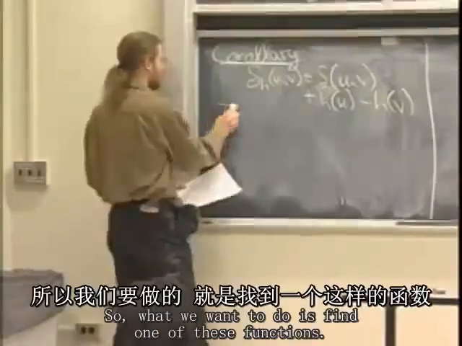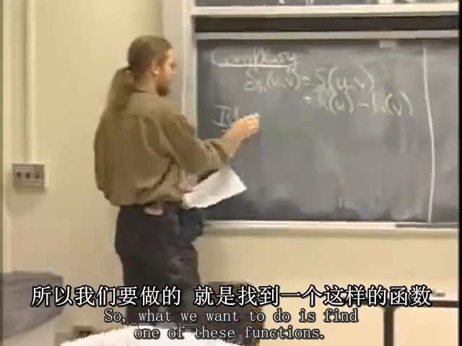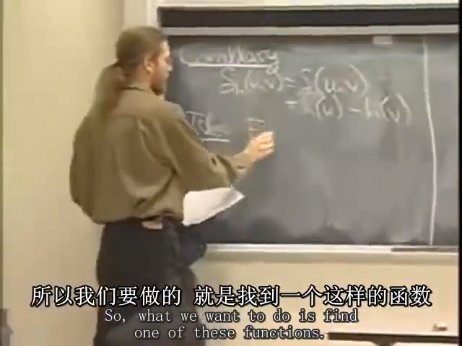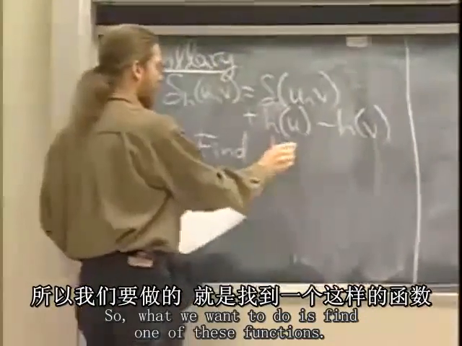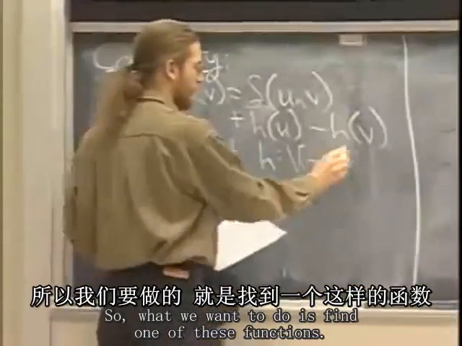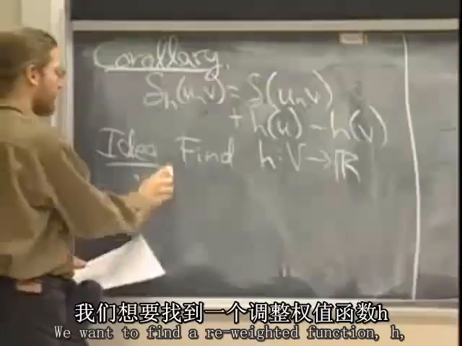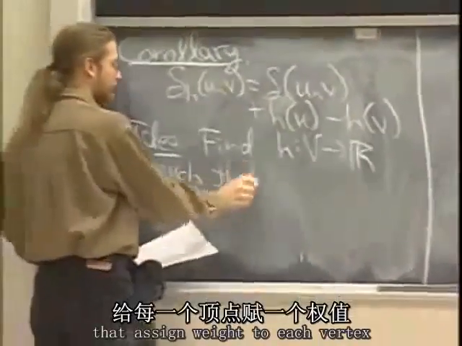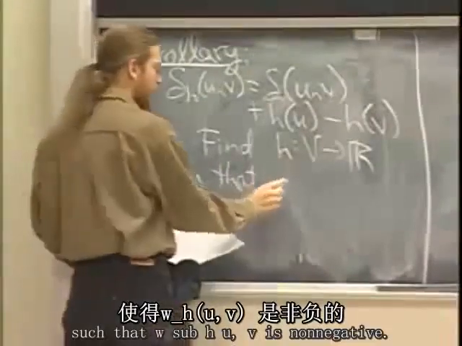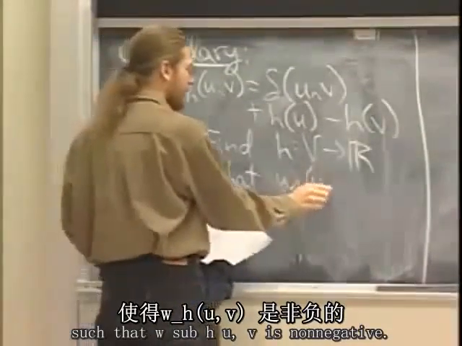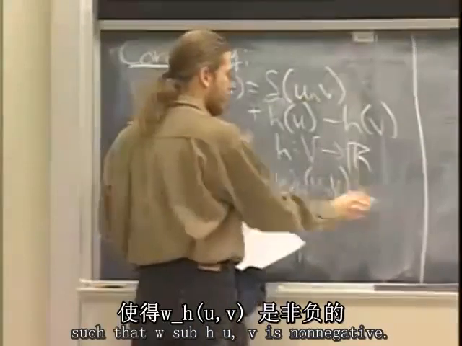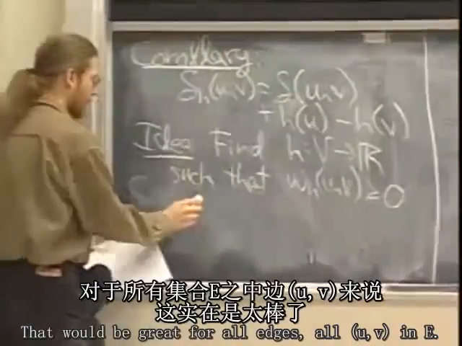So what we want to do is find one of these functions. Let's just write down what we could hope to have. We want to find a reweighting function h that assigns a weight to each vertex such that w sub h of uv is non-negative for all edges uv in E. That would be great.